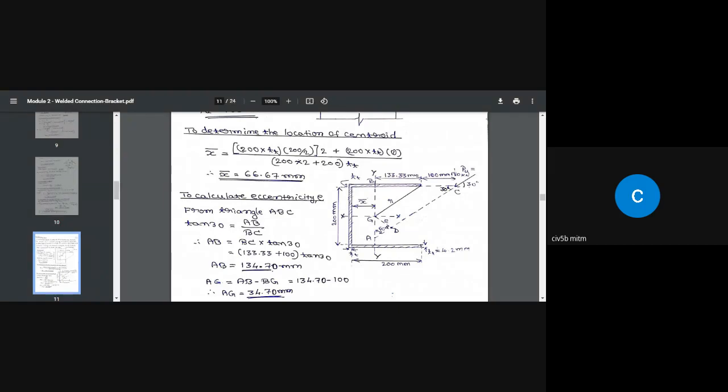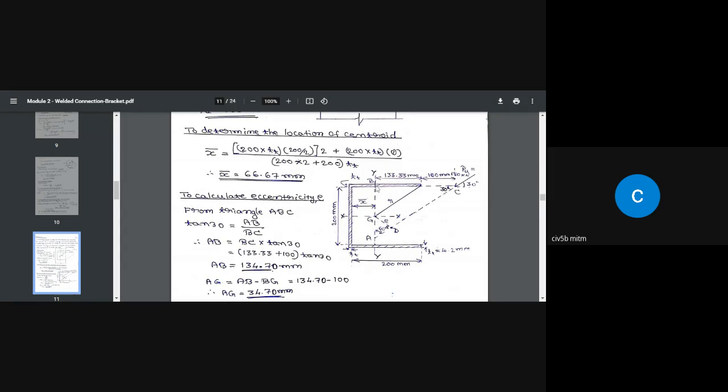The next thing is, this load is acting at an angle of 30 degree. That means it makes an angle of 30 degree with respect to the horizontal. If you extend this line, this is also 30 degree because these two are vertically opposite angles. Okay. Next, if you consider this triangle, so this is 30. We can find out what is this distance, that is AB.